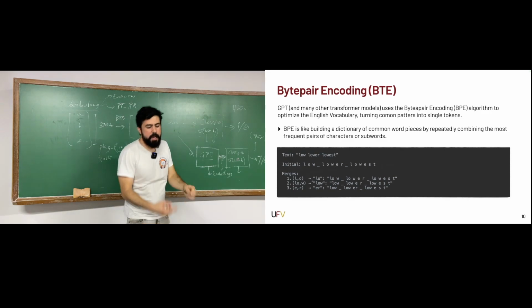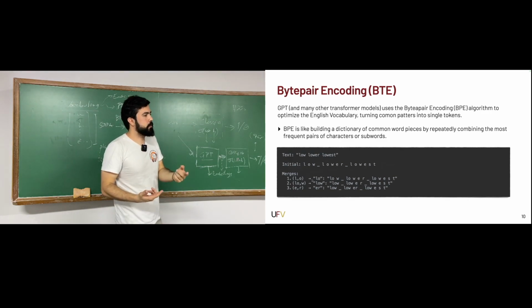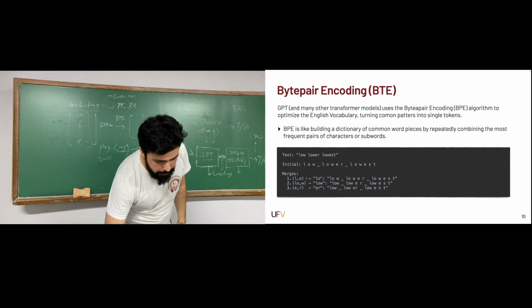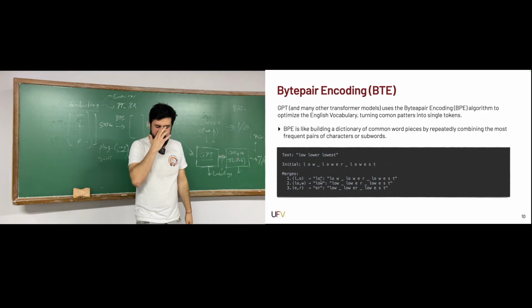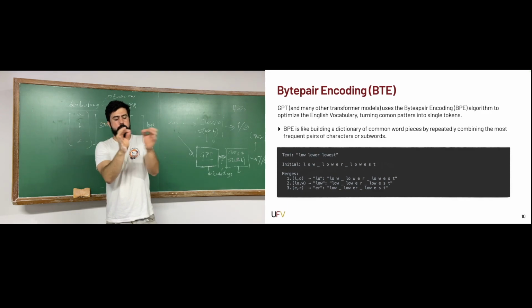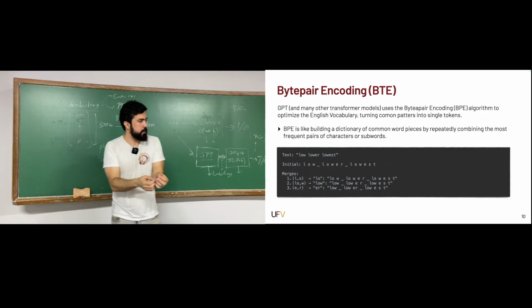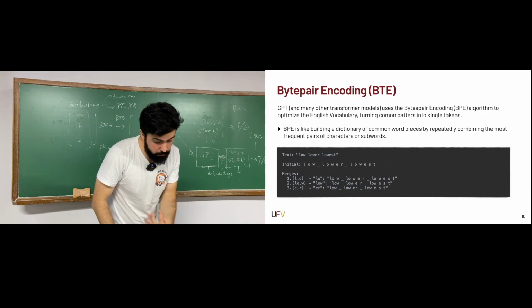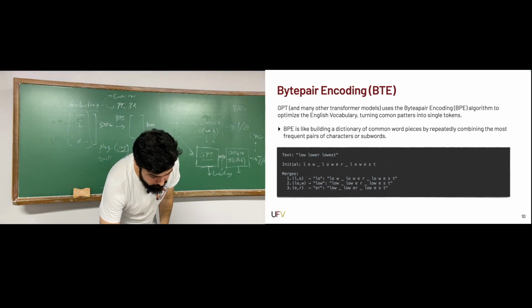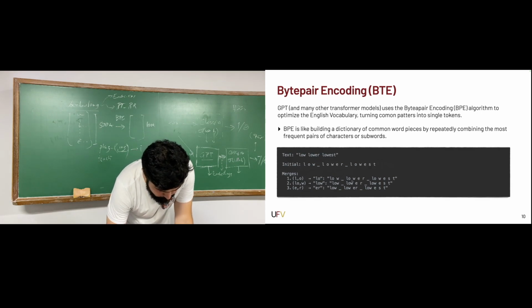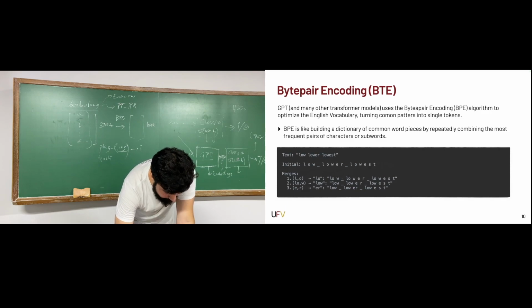Then the algorithm works in a loop. It first looks at the most frequent pair of characters, which in this case is L-O, right? So it's going to combine these two. See that the result is now lo space W, lo space W-E-R, lo space W-E-S-T.